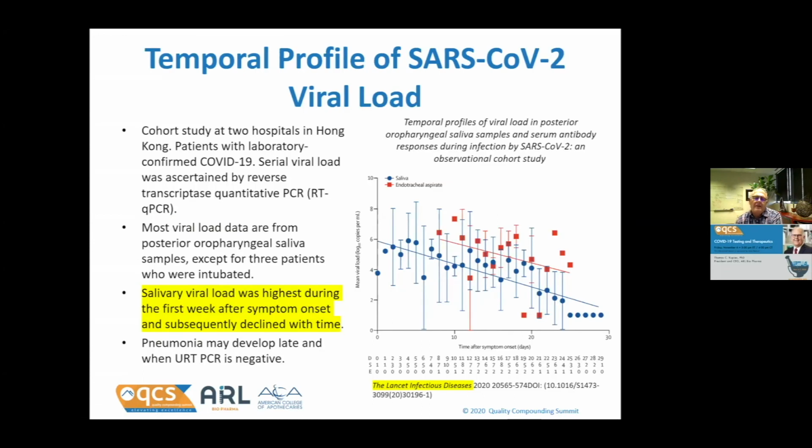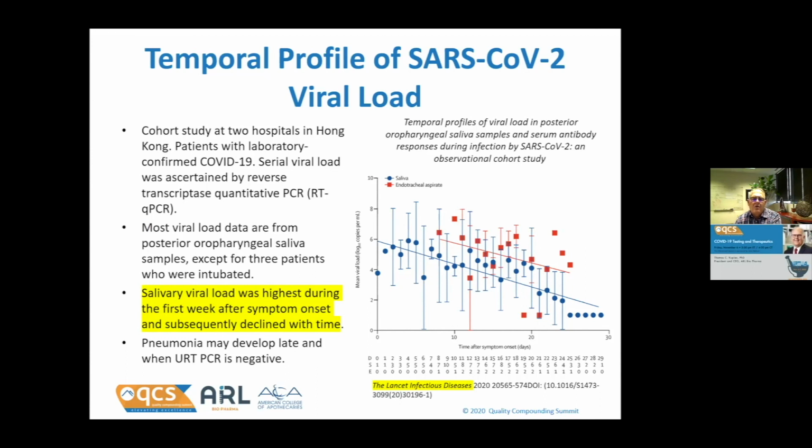Okay, here's another good slide. This is actually from Lancet Infectious Diseases, which is a pretty credible journal as well. I like this particular slide. This illustrates the temporal profile of the viral load of the virus here. And it's talking about saliva. And you see a lot of testing labs now will use saliva for the matrix or the biosample to do the testing.